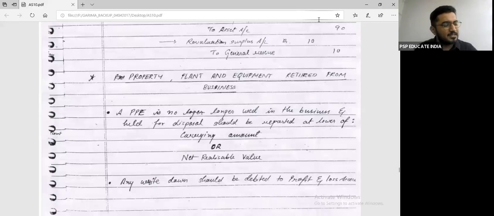Of course, it means not active. There is a difference between an asset retired from active use and an asset written off. वो दोनों अलग चीज है, एक चीज नहीं है. Retired from active use means हमारे books में भी है, हमारी organization में भी पड़ी है, बस हम use नहीं करते. हमने फेंका नहीं है, लेकिन हम use नहीं कर रहे.